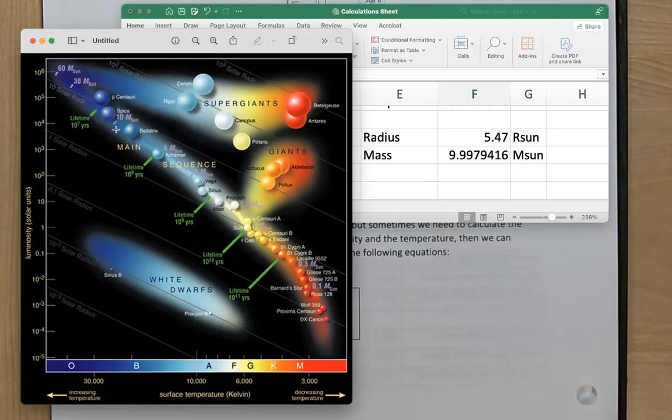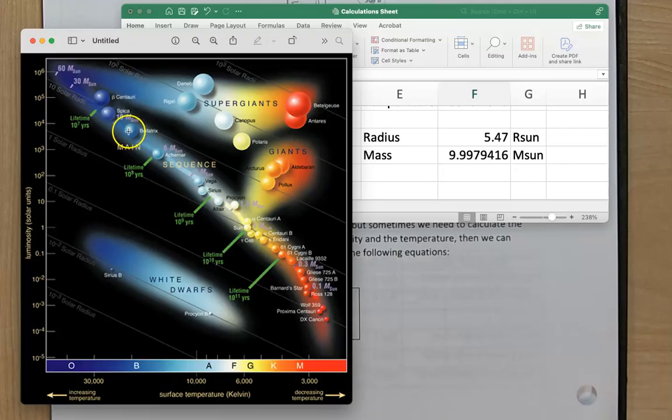You can always sanity check your answers by just eyeballing the HR diagram. This is why HR diagrams are such a useful tool: you can always just look at the graph and estimate. 18,000 Kelvin, 3,000 solar luminosities. That star is something very similar to Bellatrix.